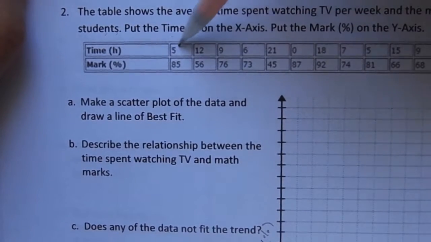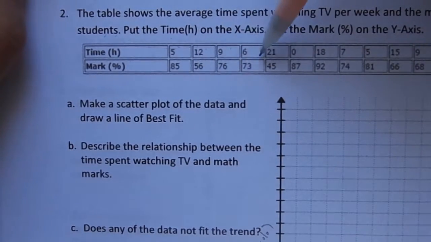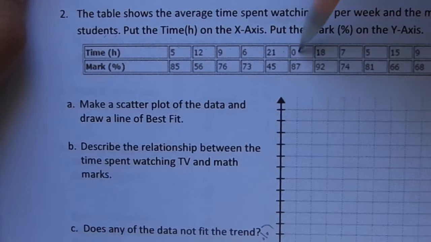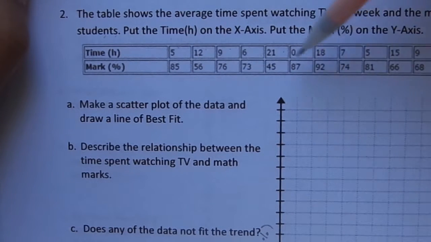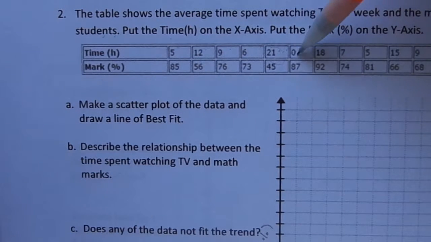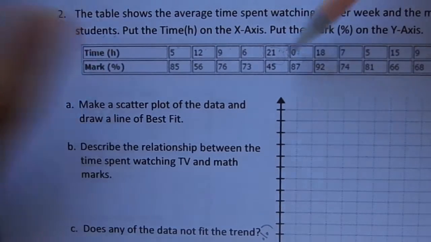So we see we have 5 hours, 12 hours, 9 hours, 6 hours, 21 hours, and so forth. If you look across here, the fewest amount of hours would be 0. Whereas the highest amount of hours would be 21.